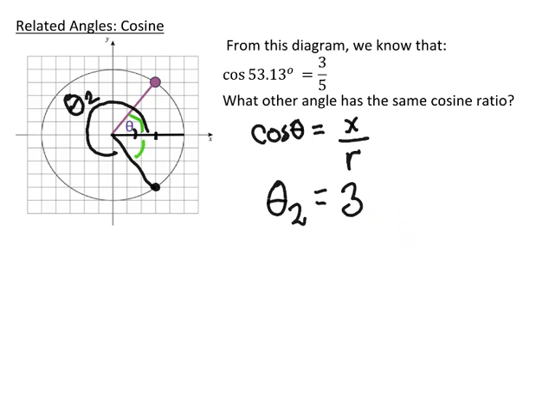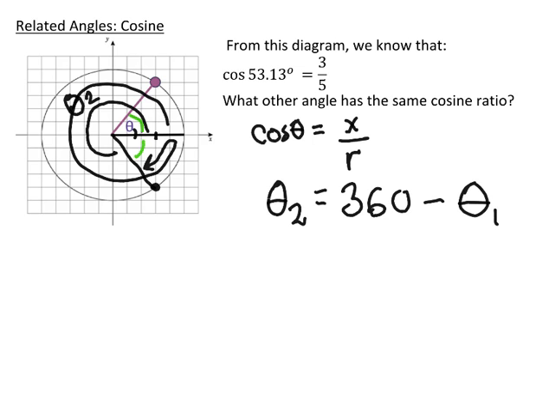So that's the angle to go all the way around, right? To go all the way to here, that's 360, and then back up by theta 1. So 360 minus theta 1. Or for us, 360 degrees minus the 53.13 degrees.